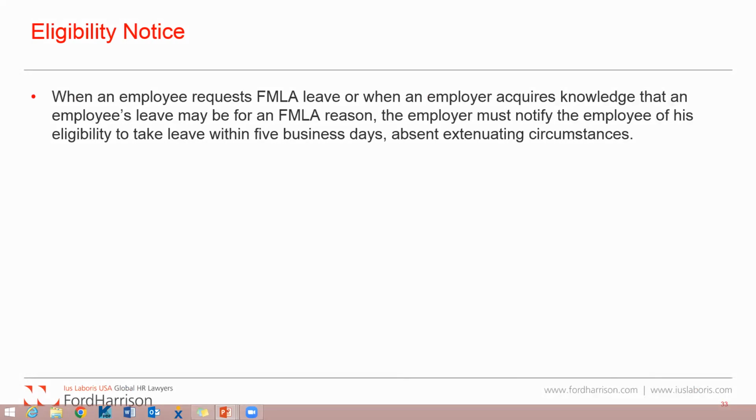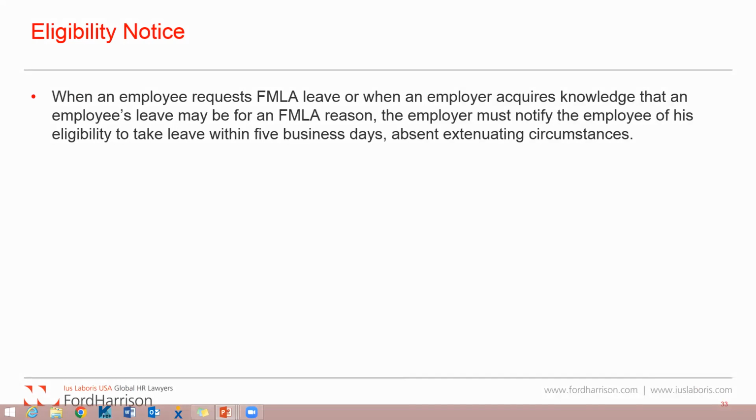So what is covered under the eligibility notice? When an employee requests an FMLA leave, or when the employer acquires knowledge that an employee's leave may be for an FMLA reason, you as the employer have to notify the employee of their eligibility to take FMLA leave within 5 business days. Now, if there's an extenuating circumstance, that's a different story.